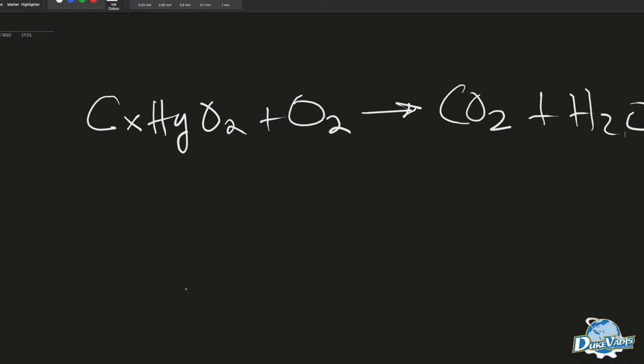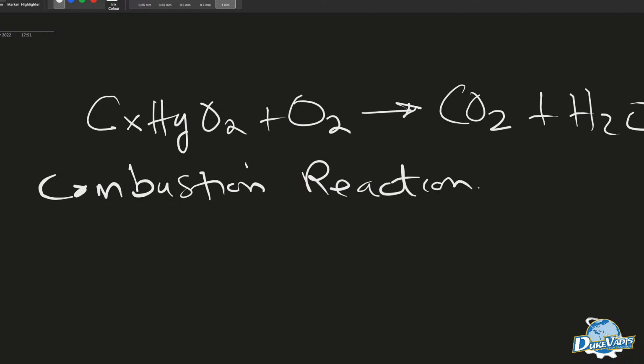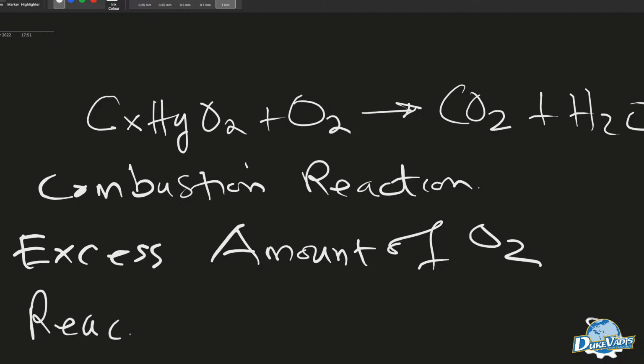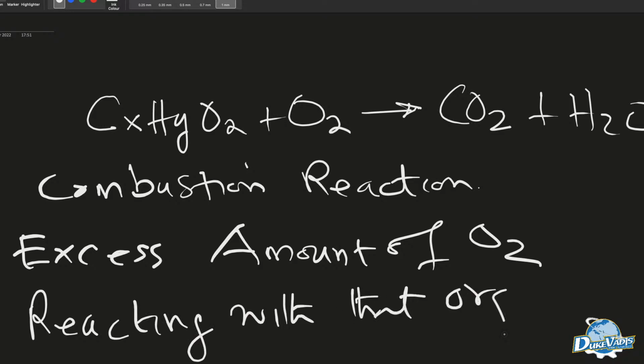And this we call a combustion reaction, because over here we have an excess amount of oxygen reacting with that organic compound, and that gives us carbon dioxide plus water.